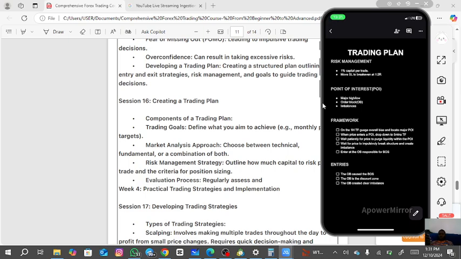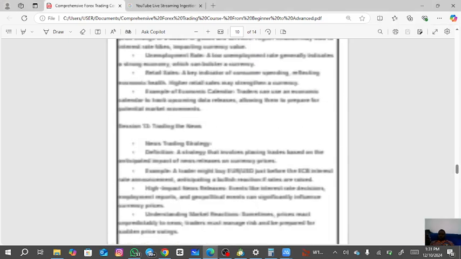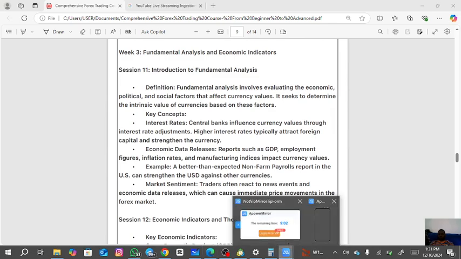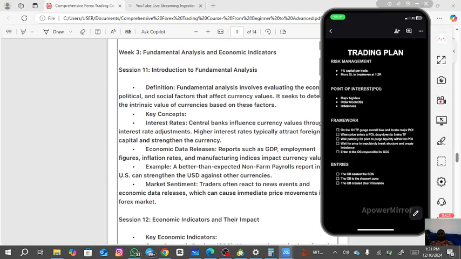So as you can see, risk management: 1% capital per trade. Move SL to break even at 1 is to 2R. As I'm about to trade, I'm only risking 1% of my capital.